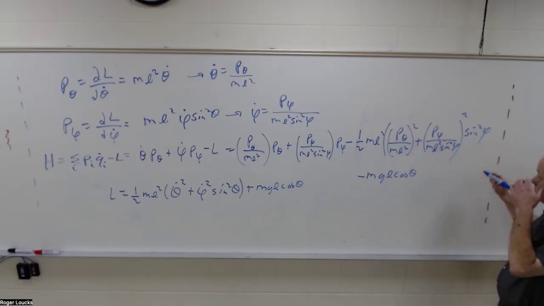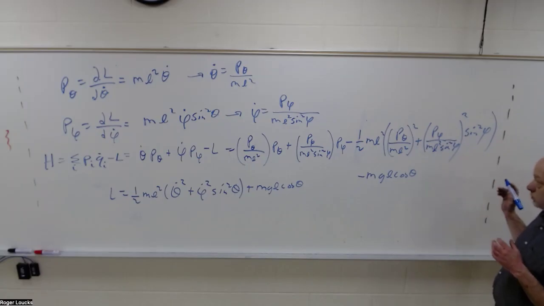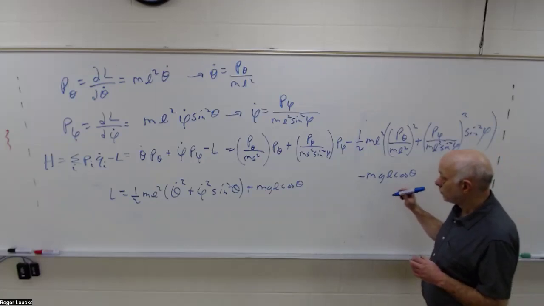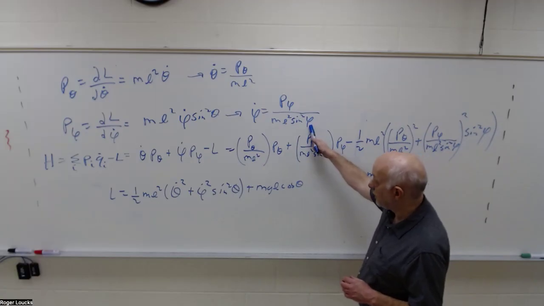Shouldn't that be sine squared theta? Where? Maybe all of the sine squareds, right there where you solve for phi dot. Okay, so you mean this should be a theta here?